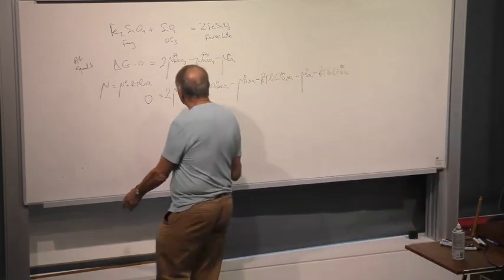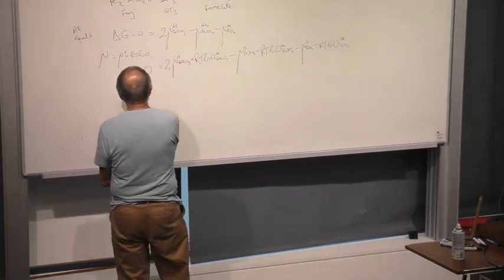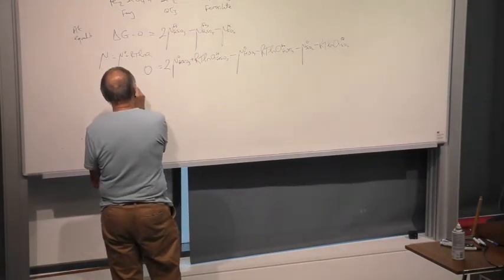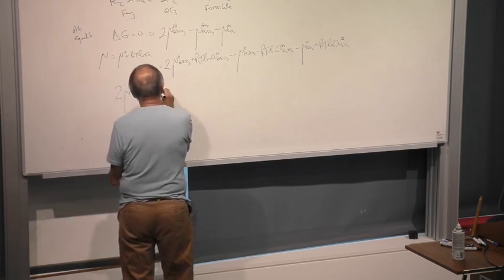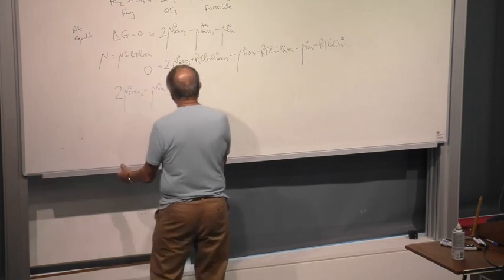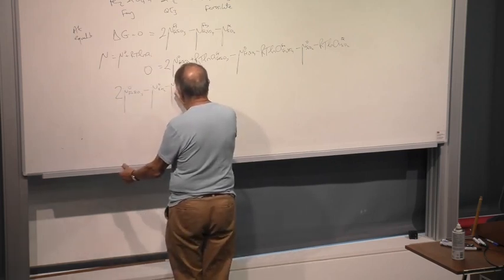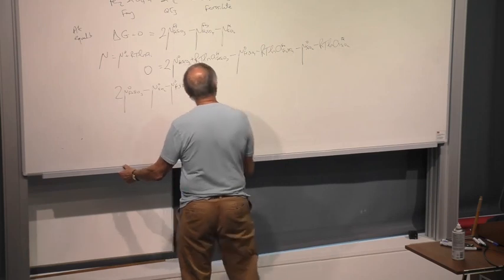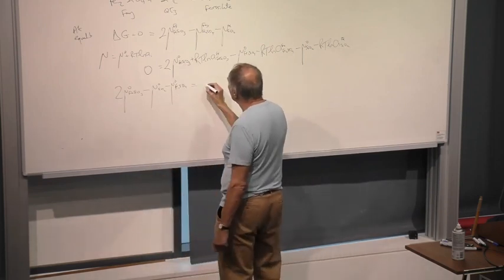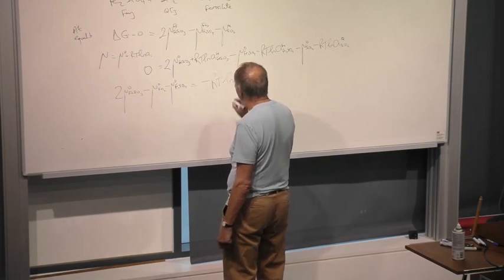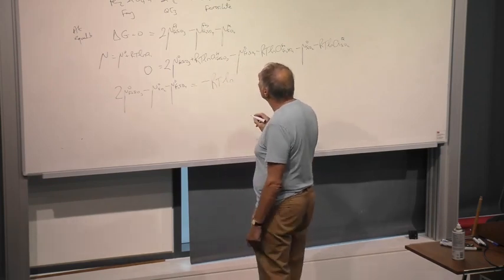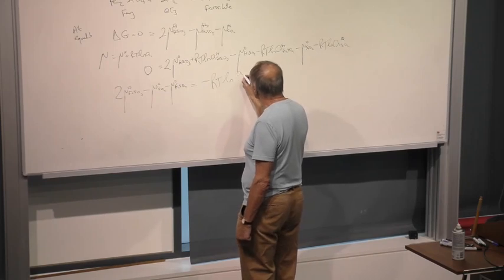And we find that 2 mu 0 FeSiO3 minus mu 0 SiO2 minus mu 0 Fe2SiO4 is equal to minus RT ln the activity of FeSiO3.